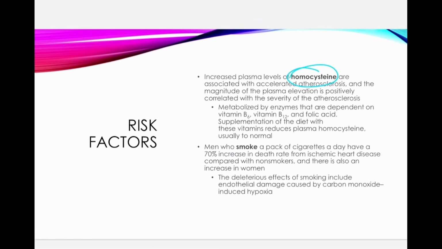Homocysteine. You get some increased plasma levels. It's a marker of inflammation. With homocysteine, if you ever hear about the MTHFR gene, people who can't metabolize folate or have any issues with that, it's MTHFR. Look it up. It's pretty significant.